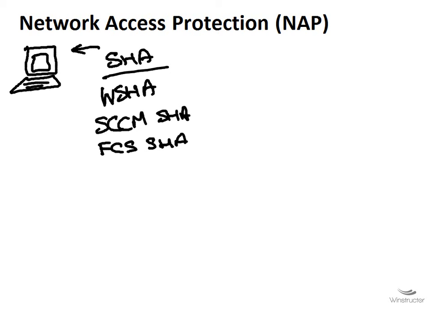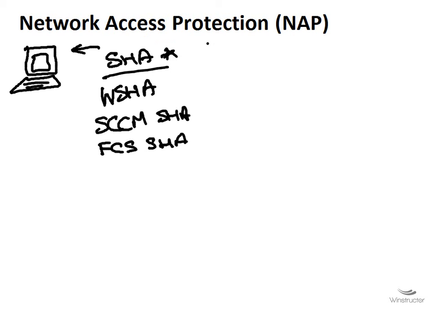For example, Symantec, we've got Kaspersky, McAfee, and others. They all create them to ensure that their applications can be included in the system health validation process. But for now, understand that it's simply this SHA, this system health agent, that creates a statement of health.